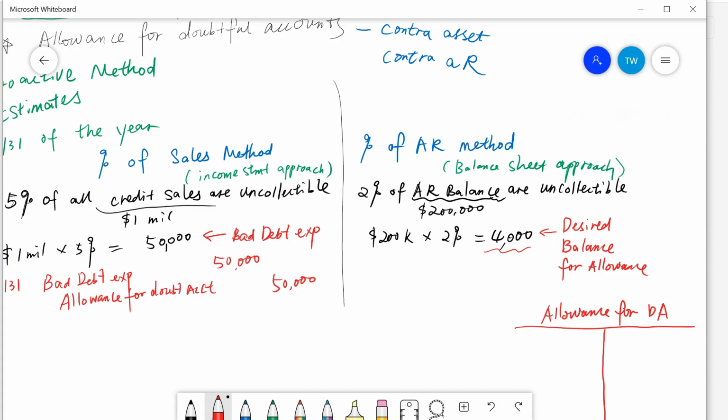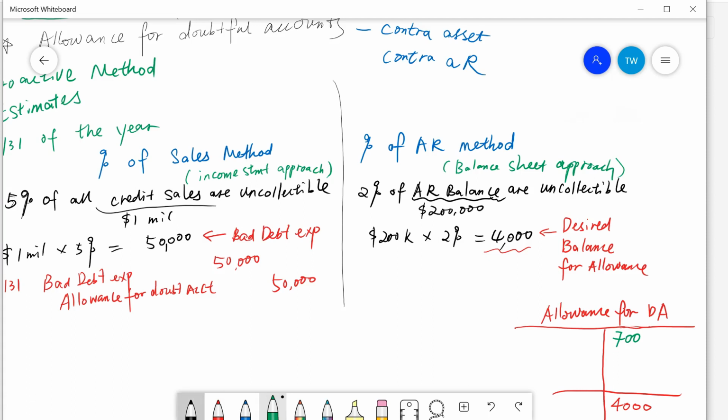Since allowance is a contra asset account, the normal balance is a credit. So we want allowance to end up being 4,000. However, allowance usually will have some kind of beginning balance. It's rarely a zero beginning balance. Let's say in this example, our allowance has a beginning balance of $700.